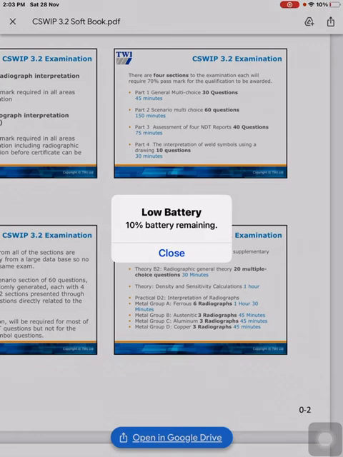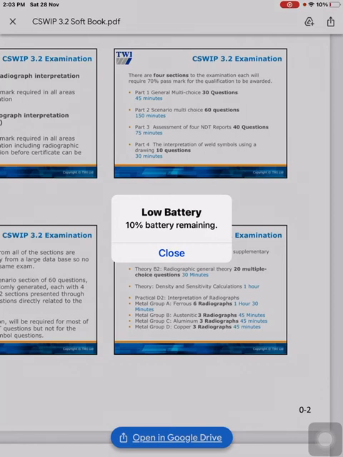The next part is 5 questions from sensitivity and 5 questions from density. You will be given a densitometer, and you need to take readings from it.